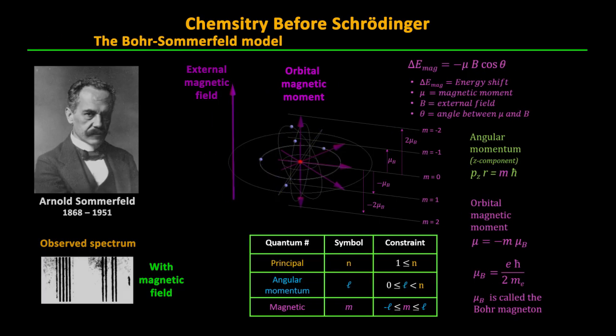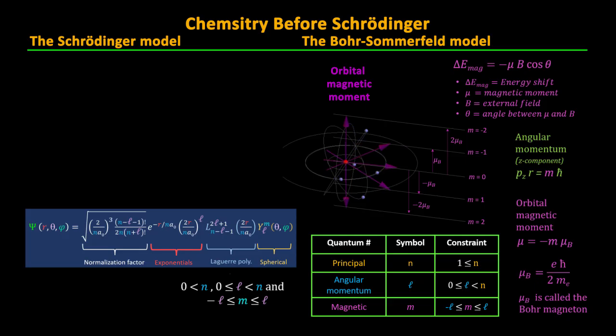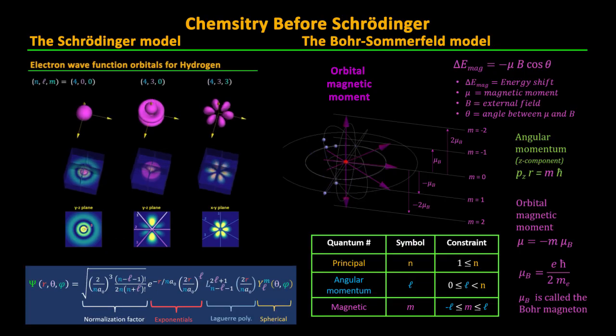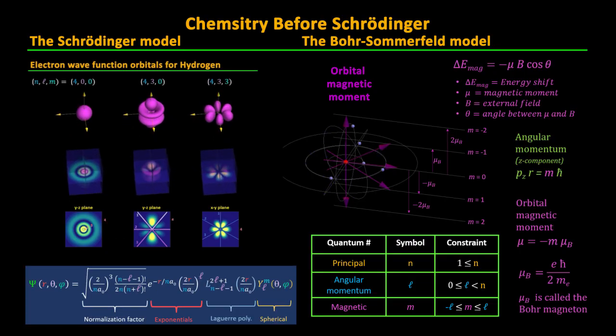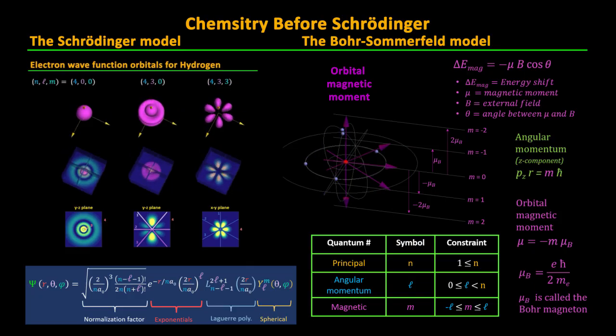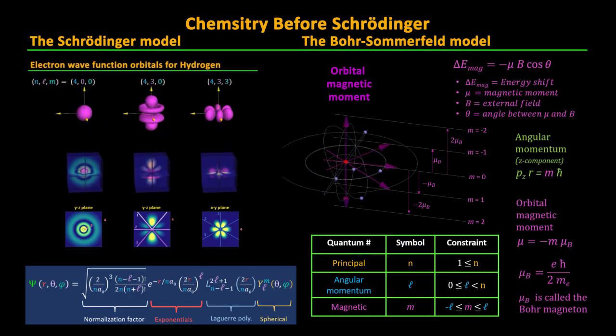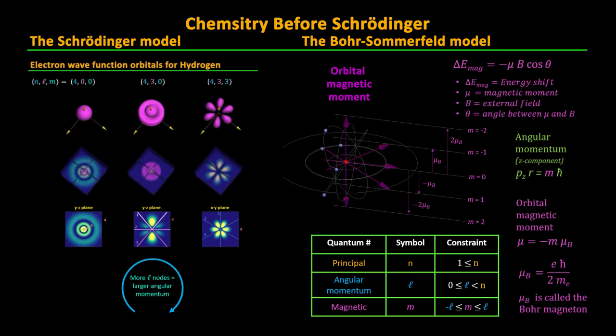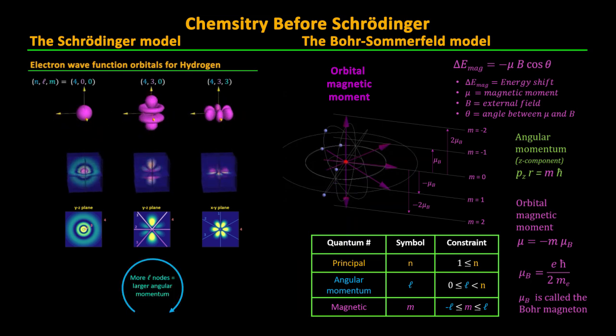Viewers of my last episode on Schrödinger's equation will now recognize that these same quantum numbers of n, L, and m emerged naturally from applying Schrödinger's equation to the potential of the hydrogen atom. The shapes of the hydrogen orbitals we calculated there were more complicated than Sommerfeld's ellipses. But if you think about it, the electron's de Broglie wave frequency is proportional to its momentum, so it's fair to think about a higher nodal frequency in the rotational direction as being related to the angular momentum.